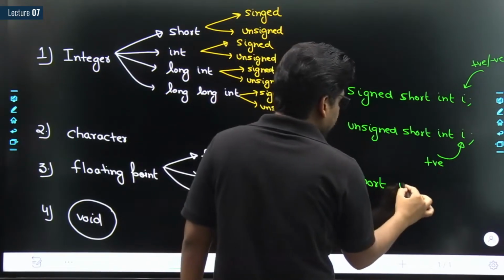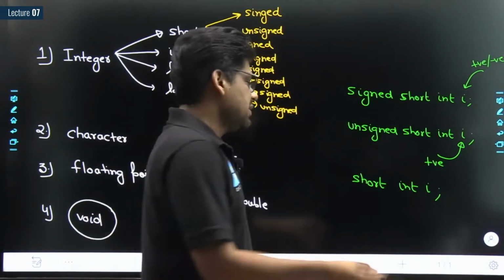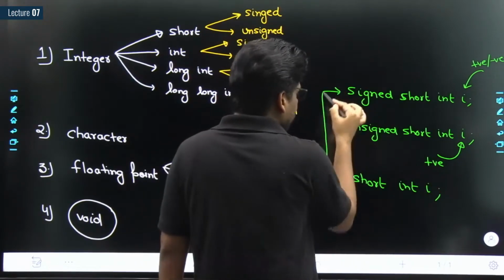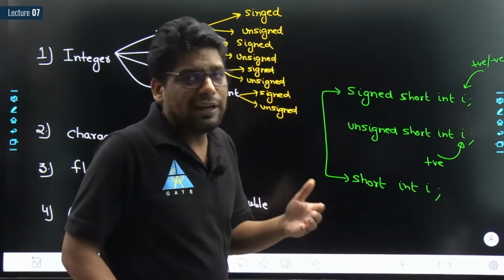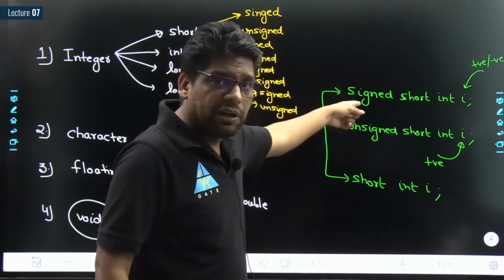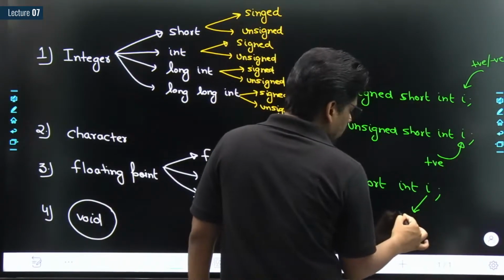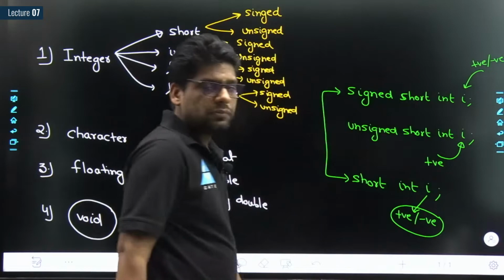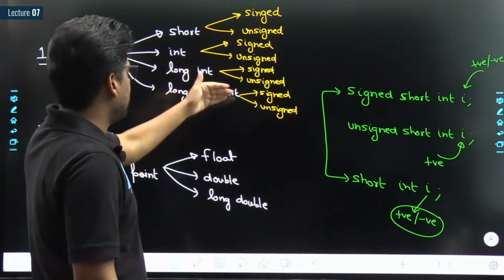If you don't specify signed or unsigned, by default a number could be positive or negative, so these two are the same. By default every variable type is signed. So short int I can hold positive and negative values. Similarly int, signed, unsigned, long int, signed, unsigned, like that.